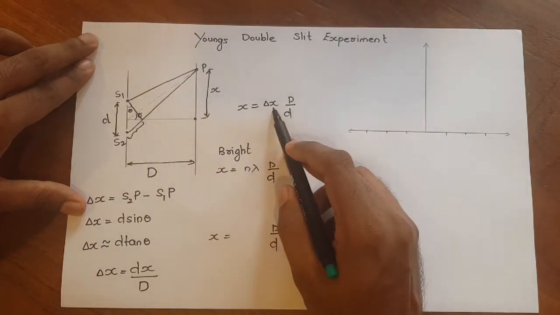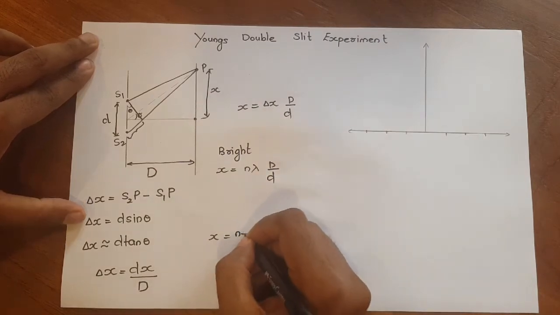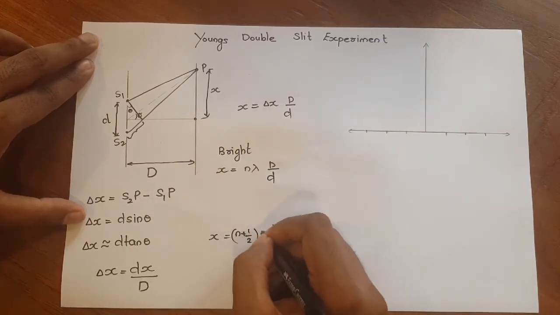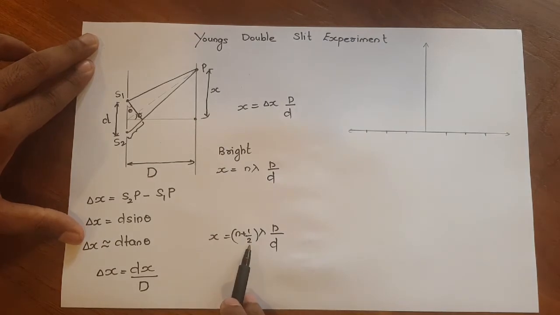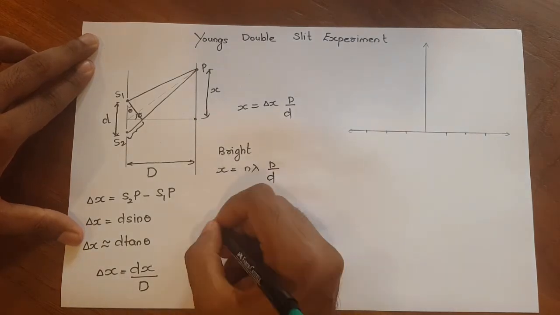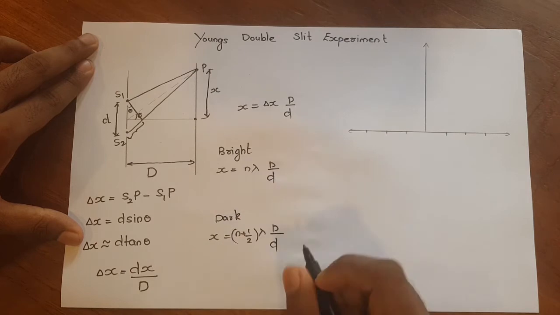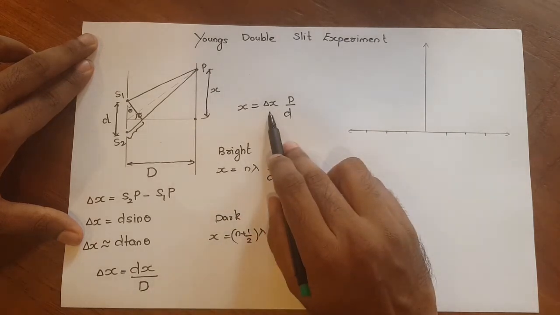And whenever the value of path difference is n plus half into lambda, or even you can write it as n minus half into lambda, there you will get a dark point, because n plus half into lambda path difference indicates destructive interference.